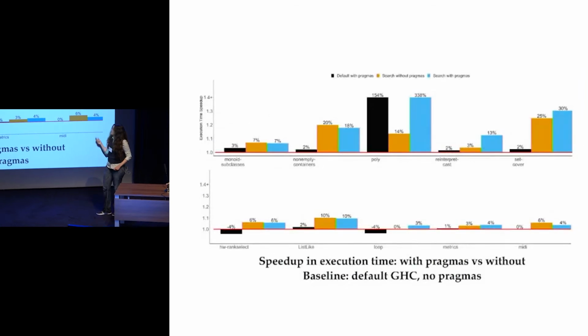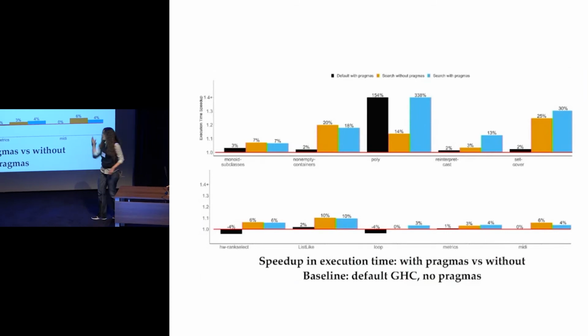And this is what we got over the benchmarks, which I will explain. The black bars are what we saw before, with versus without Pragmas. The baseline here is default GHC, and we decided to take Pragmas out for the baseline. Let's pretend the Pragmas don't exist. The gold bars in the middle for each package are the random search with magic numbers.